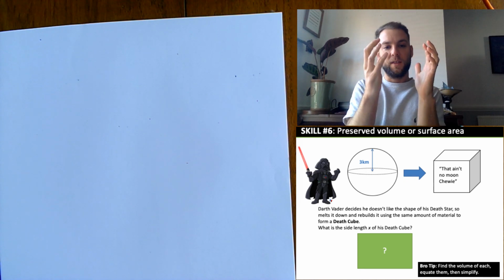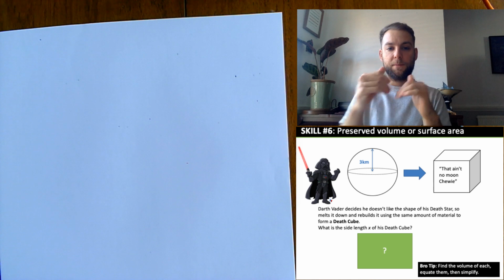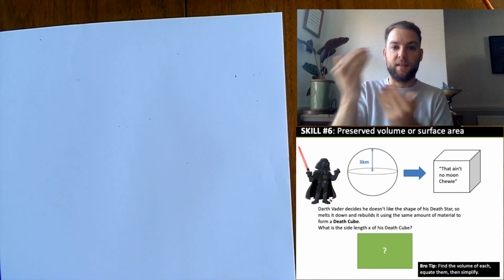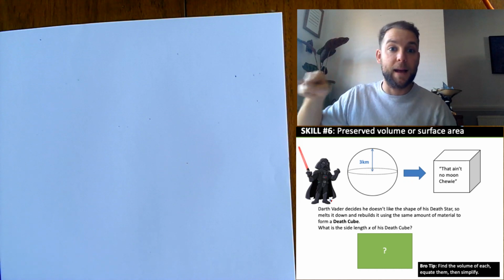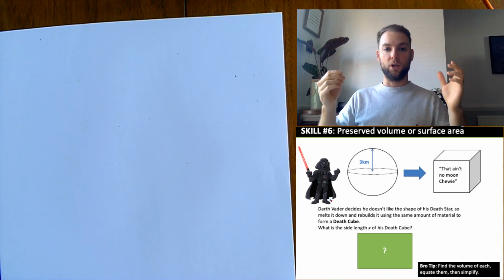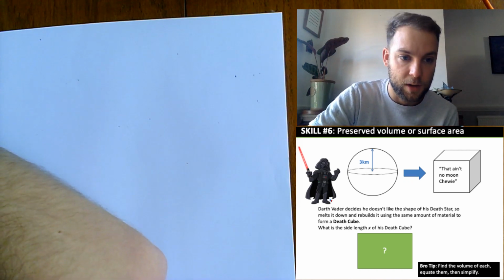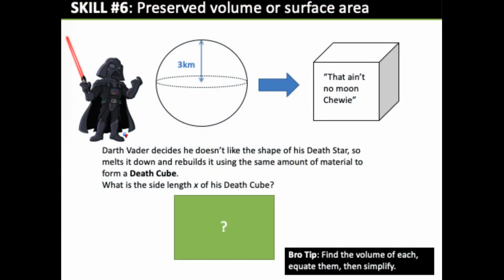And usually, what happens is you have one shape, you have another shape, and you've got to find the volume of one shape. They're the same volume, and then you work out a dimension or something in the other shape, or you've got to do it algebraically. These are the toughest ones. So this one here, I want you to get down in your notes. This one here is example 4.